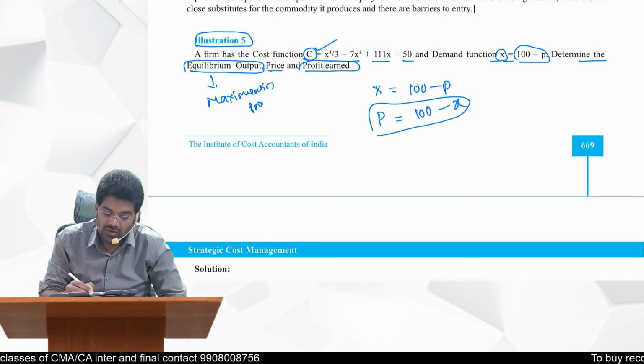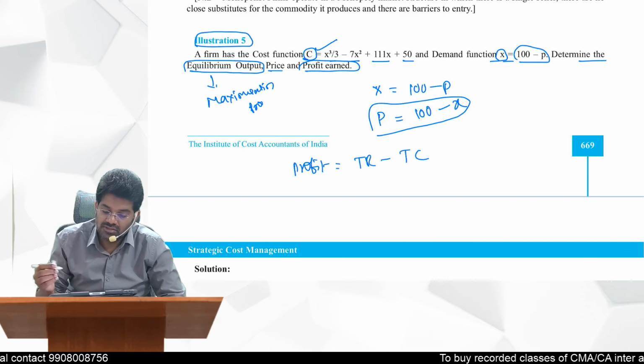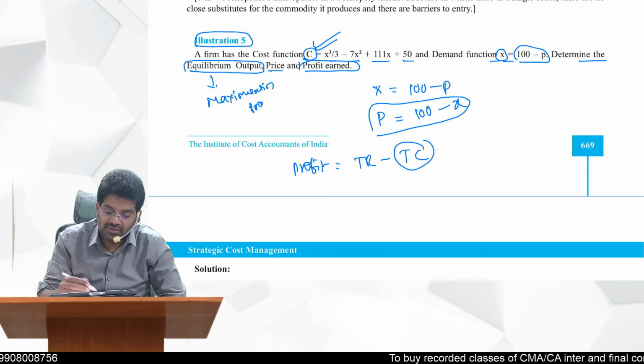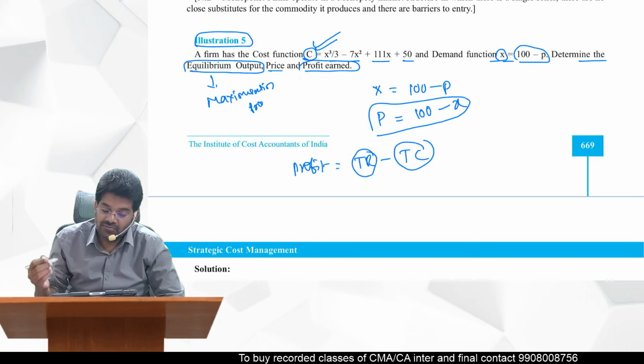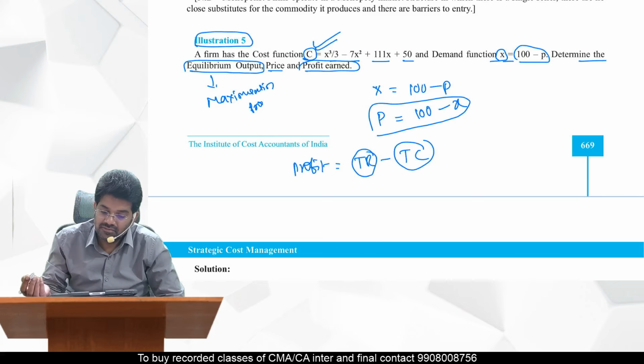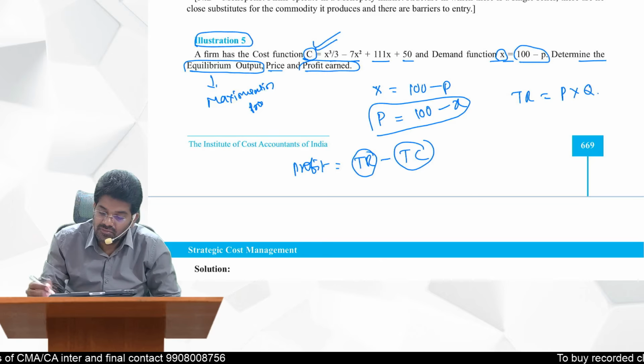If I want profit, two things I want: total revenue minus total cost. Total cost, already we have this function. Now what I want is total revenue. How do I get total revenue? Total revenue is nothing but price into quantity.